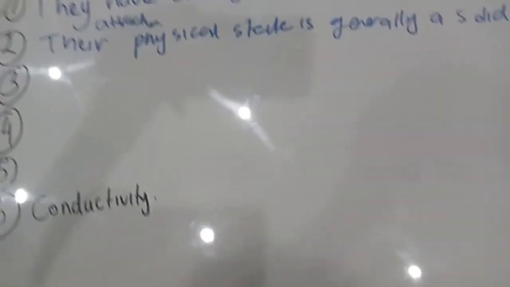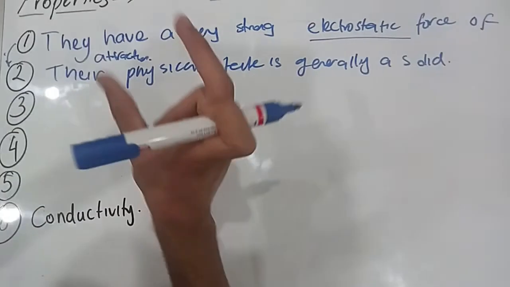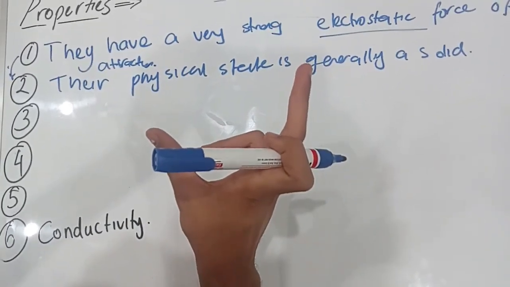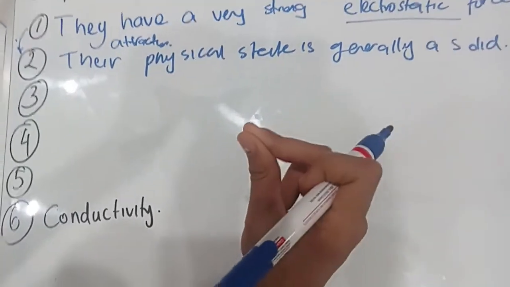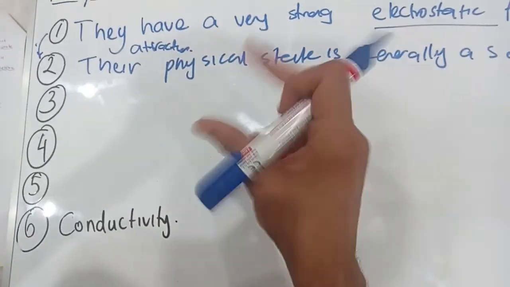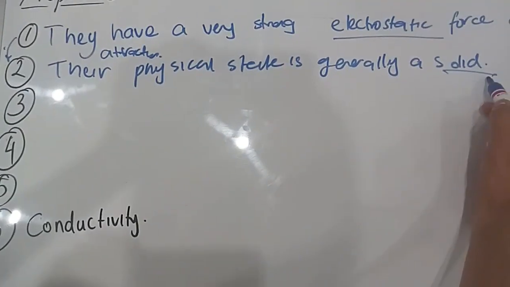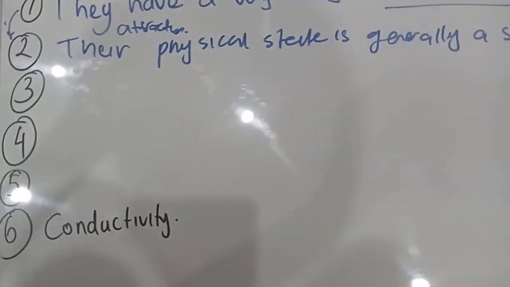Because we said that their electrostatic force of attraction is very high. And when your electrostatic force of attraction is very high, you become super closely packed. If we look at the example of sodium chloride, sodium and chloride are very closely packed. When the atoms are very close, you have a solid. And that's why when you take a grain of salt, it's solid and it's not melted.